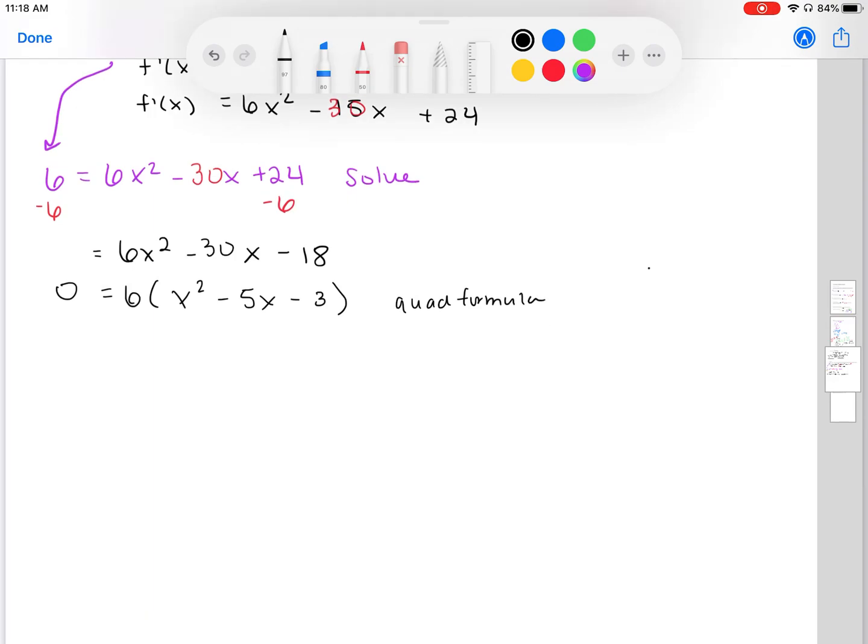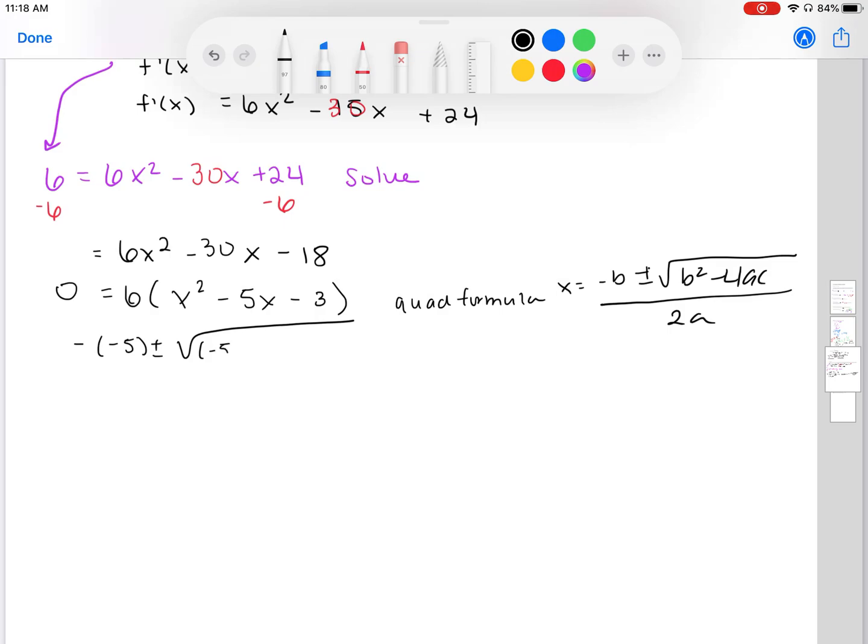Okay, so just to remind you, I know you know this, but just to give you a quick refresher, your quadratic formula is negative b plus or minus the square root of b squared minus 4ac all over 2a. Okay, so we have negative b plus or minus the square root of negative 5 squared minus 4 times my a is 1 and my c is negative 3 all over 2 times your a is 1.